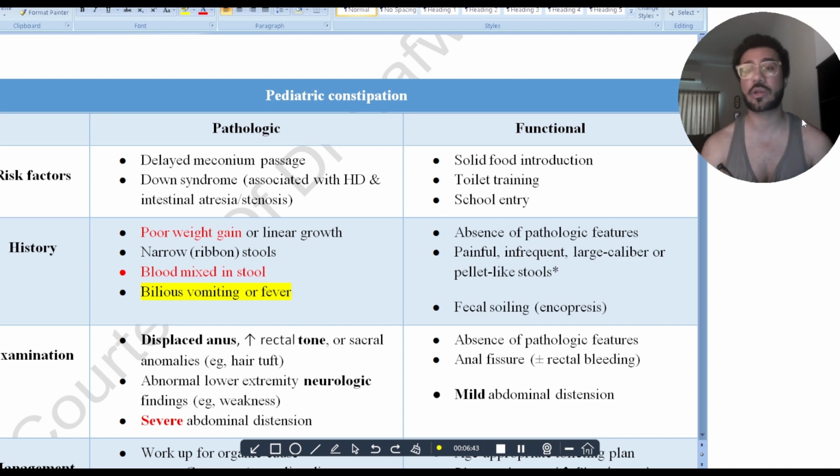What do we mean by pathological reasons? Like Hirschsprung disease, the child may not be born with an adequate neural component in the descending colon, resulting in improper motility that is causing constipation.